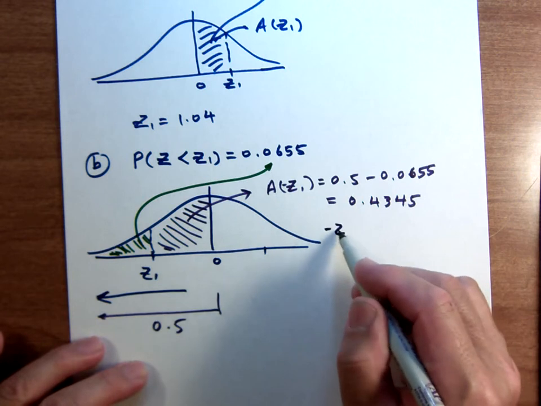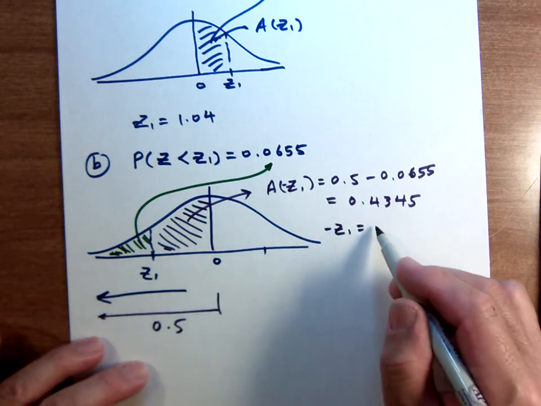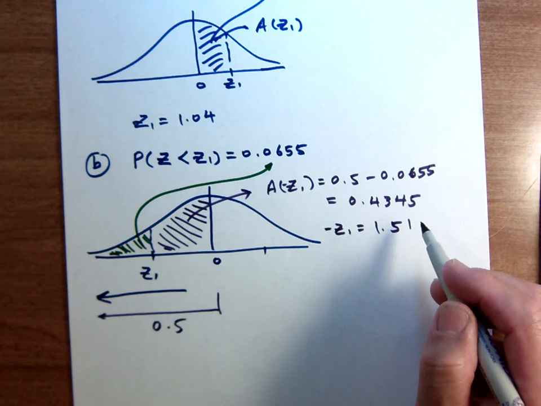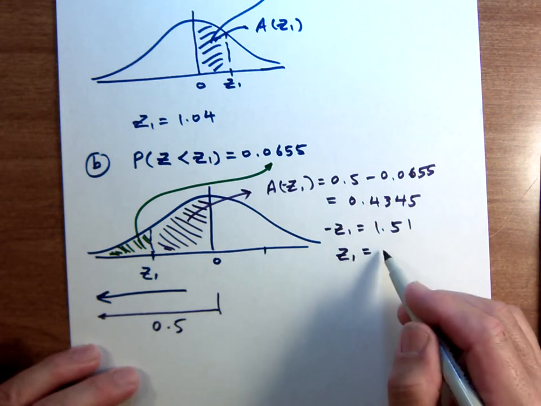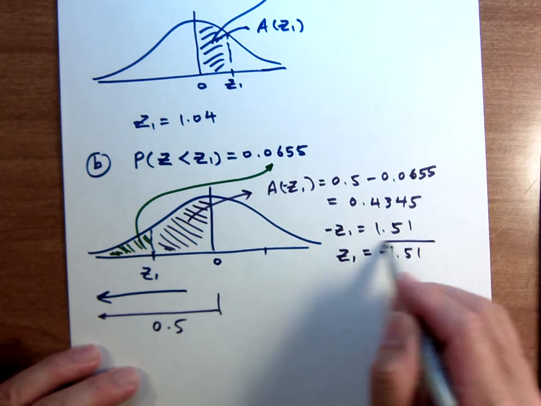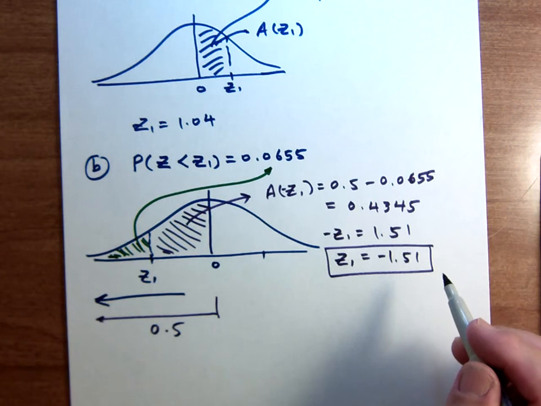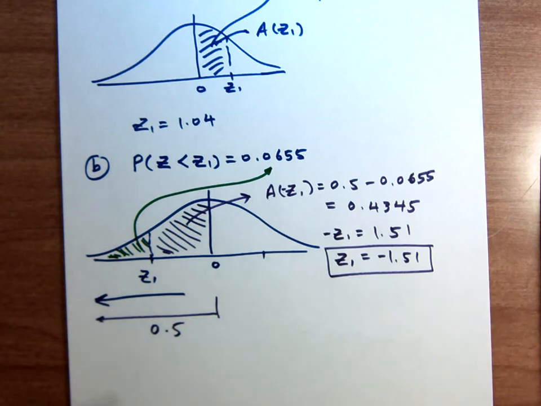Remember, I started out by saying that negative z1 is 1.51. That means the z1 that we are after must be negative 1.51. So that is our answer for part B.